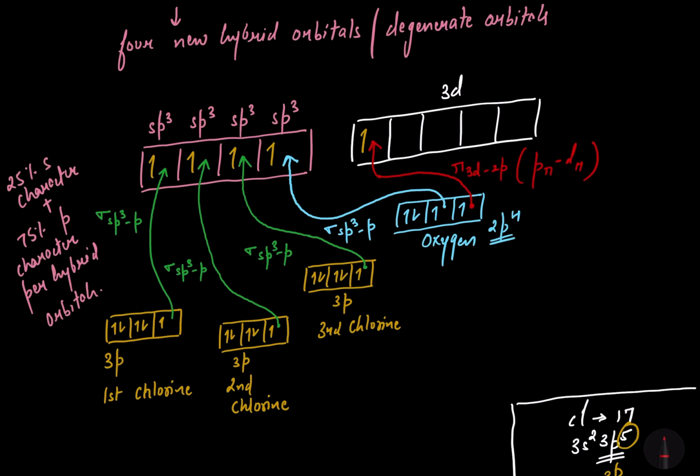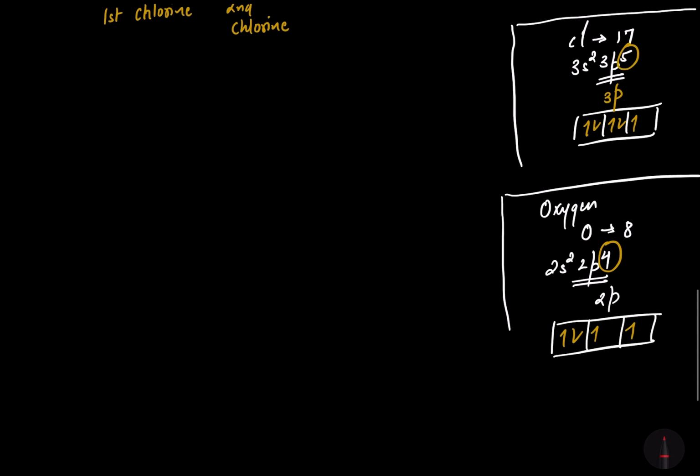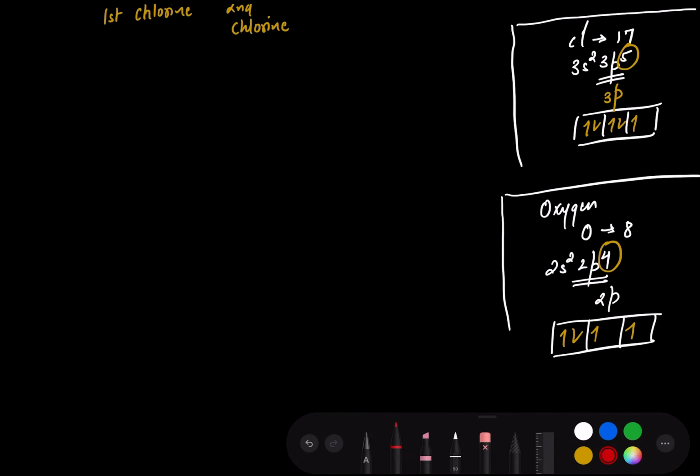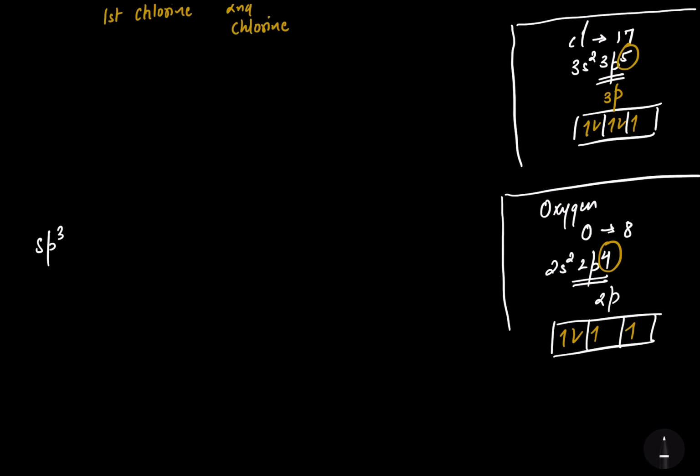Now let's come to the structure. Here we got sp3 hybridization. In sp3 hybridization, the geometry will be tetrahedral.